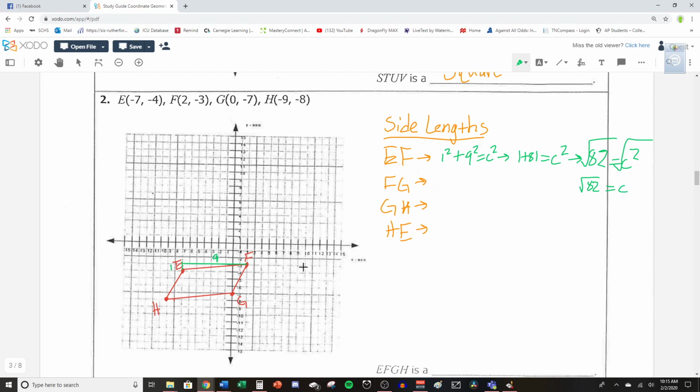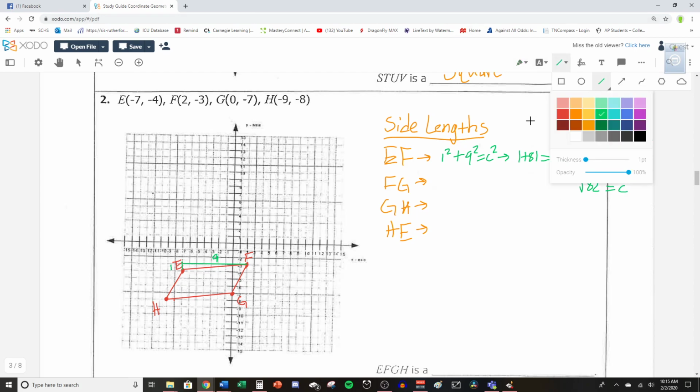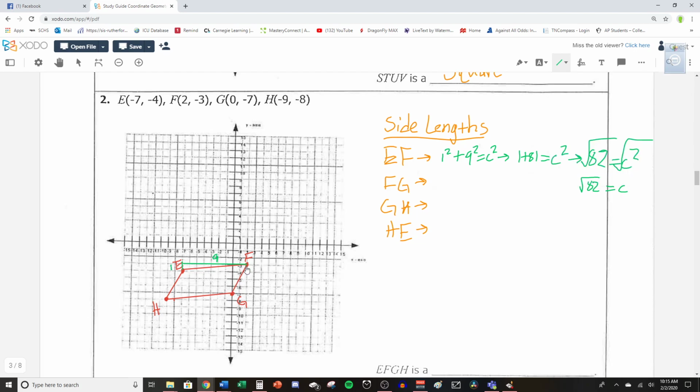I can go ahead and say that looking at FG, it definitely has different dimensions, and we can see that as we count these. We go down 1, 2, 3, 4. We go over 2.